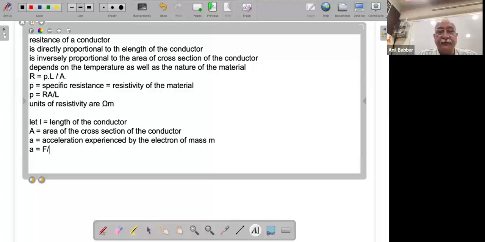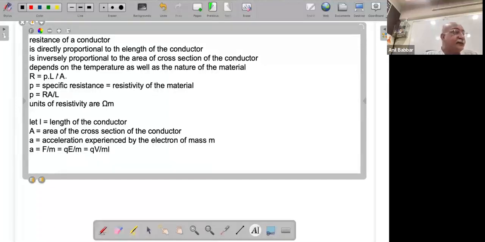We have F by m. F is equal to Q times the electric field, that is QE, divided by m, and E we know is V by L. So this can also be written as QV upon mL.